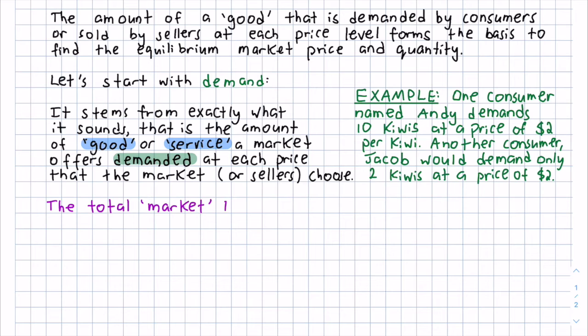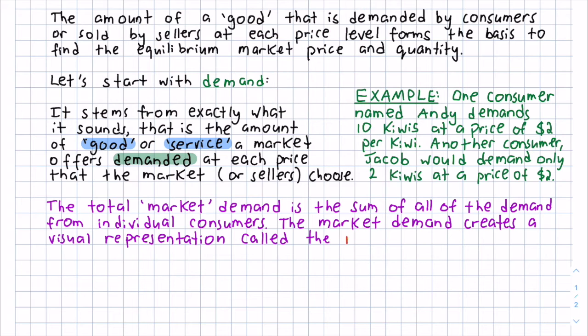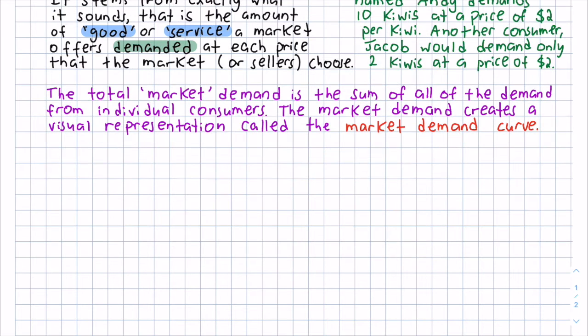So the total market demand is the sum of all the demand from individual consumers like Andy and Jacob, and also the other buyers in the market. The market demand creates a visual representation called the market demand curve, and we'll take a look at this in part 2.